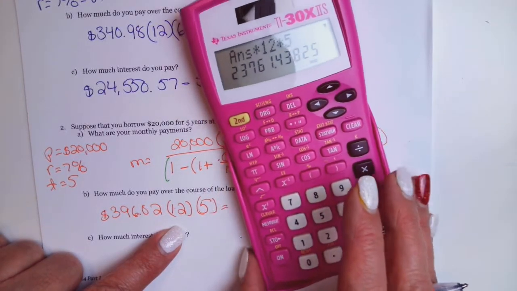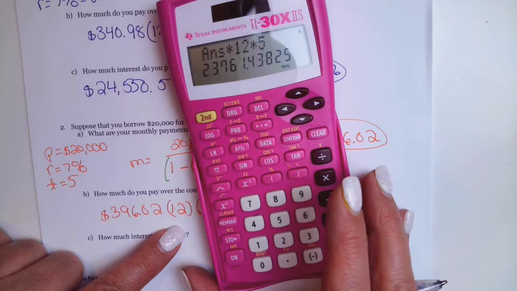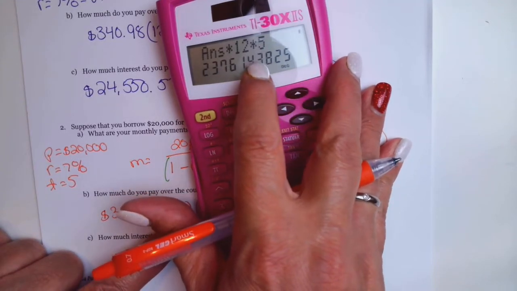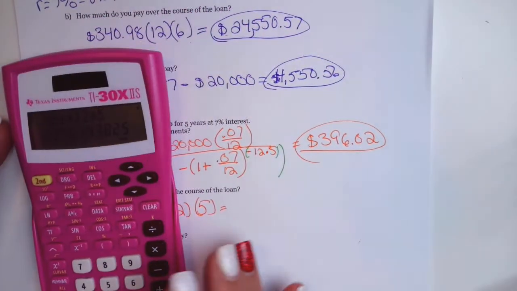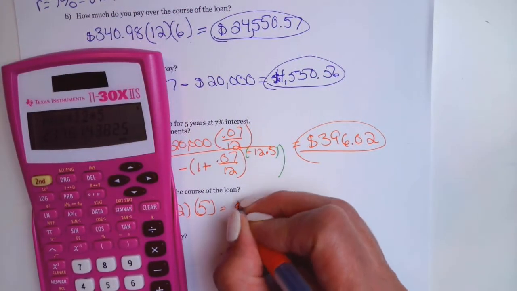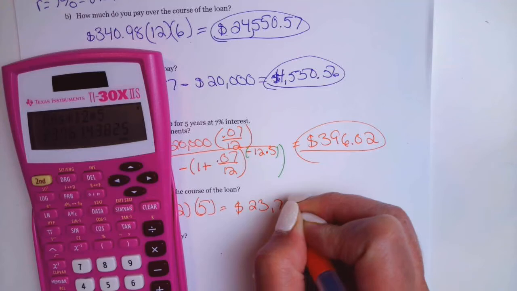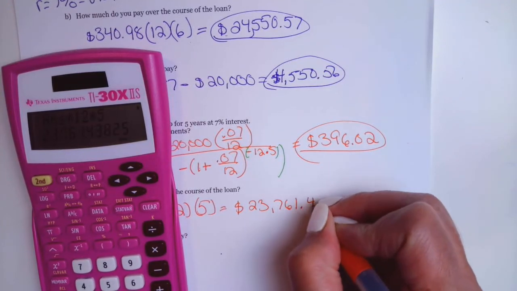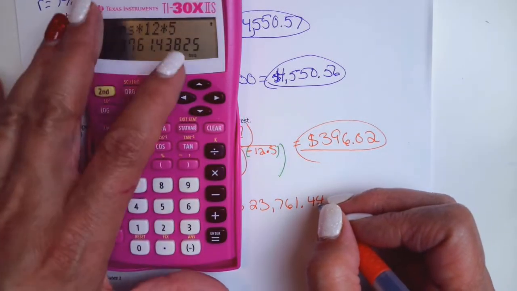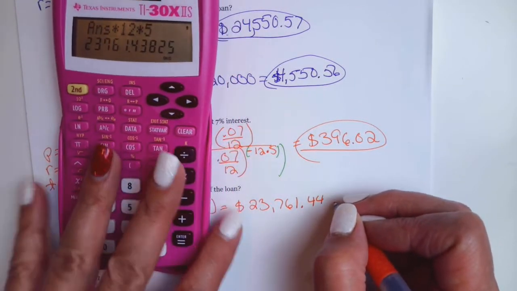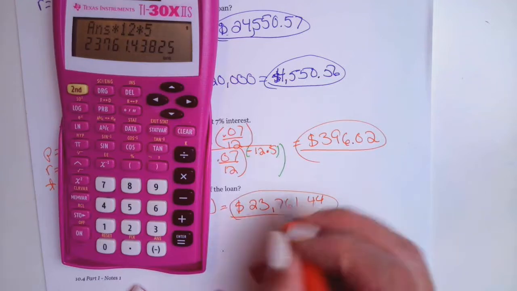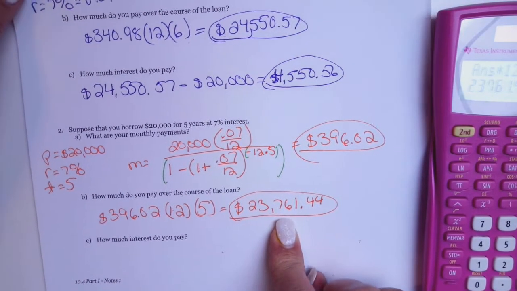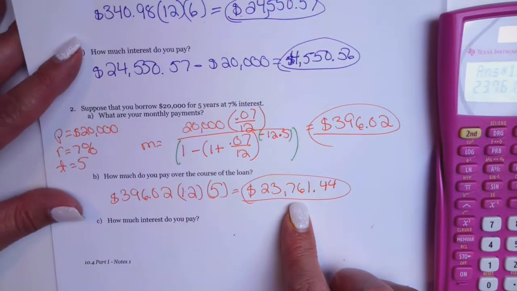And I get 23,761, and this 8 bumps the 3 up, so 44 cents. So $23,761.44 is how much we pay over the whole loan.